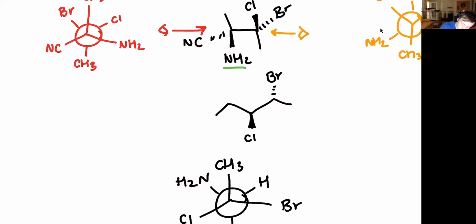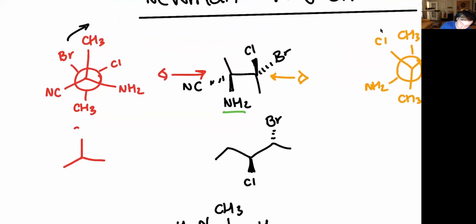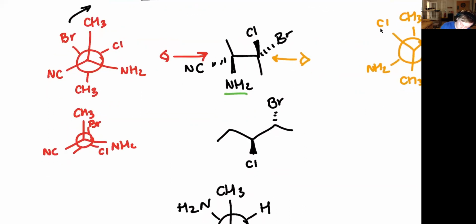So I'm going to go ahead and draw that. We didn't touch the front carbon, so the front carbon stays the same. And now we have rotated the back carbon, so we go in and add that. You can see that the relative positions of all of these groups are exactly the same.